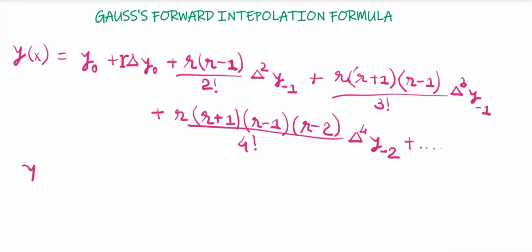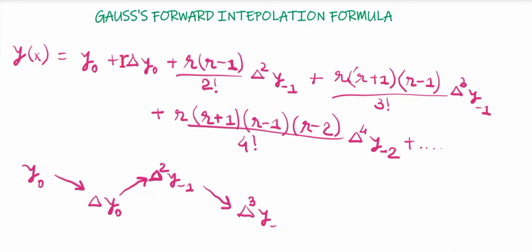Let's see how the arrow pattern is formed while solving the examples using the Gauss forward interpolation formula. This type of arrow pattern will be formed: y naught, then down arrow, then delta y naught, then up arrow, then delta square y minus 1, down arrow, delta cube y minus 1, up arrow, delta raised to 4 y minus 2, down arrow, and so on.